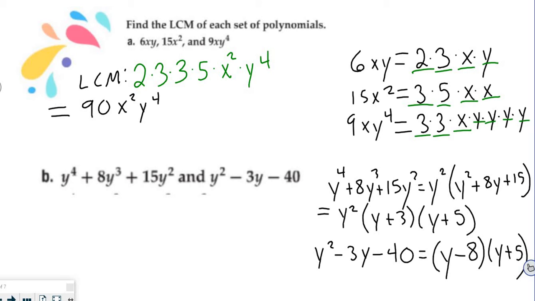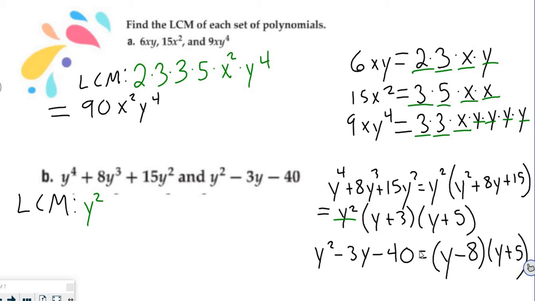So now, if I look at my least common multiple, what is my first term? Y squared. Do I have a y in my second one by itself? Do I have a factor of y in my second one?